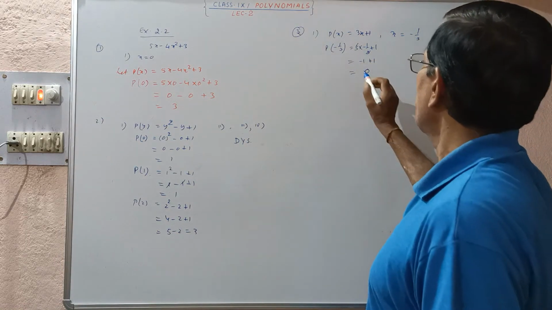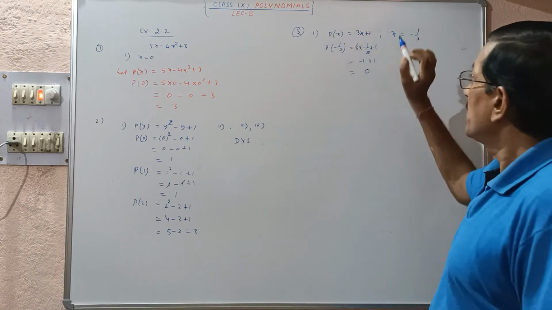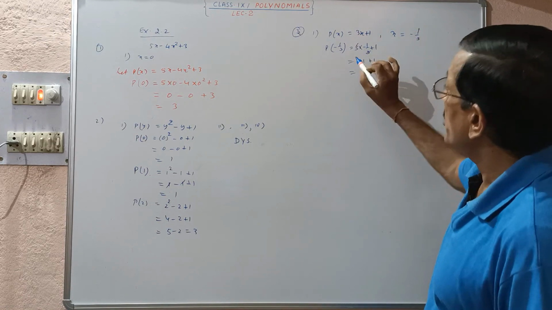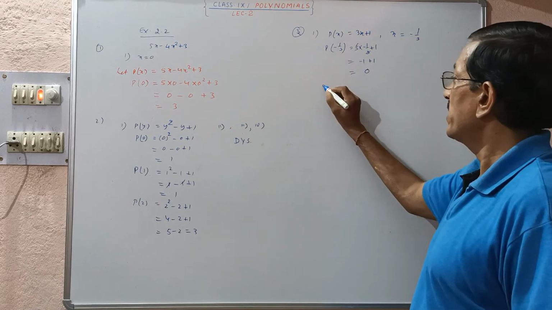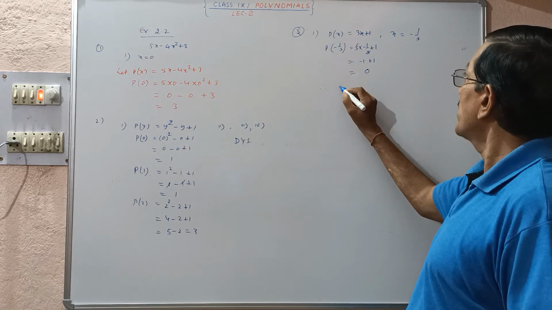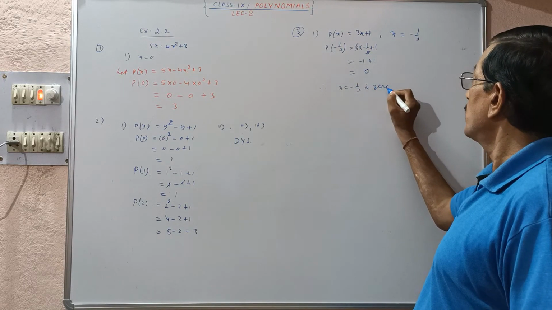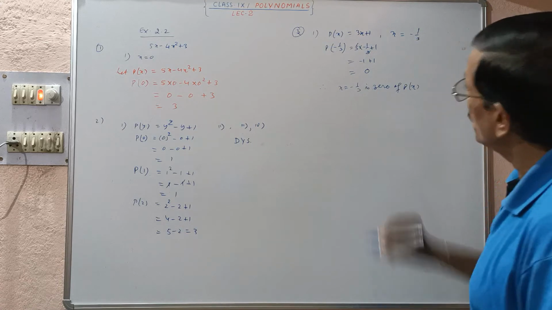So we can say the value of p(x) is 0. When p(x) equals 0 at this value, then that value of x is a zero of this polynomial. So we can say x = −1/3 is a zero of p(x), that means 3x + 1 has this zero.